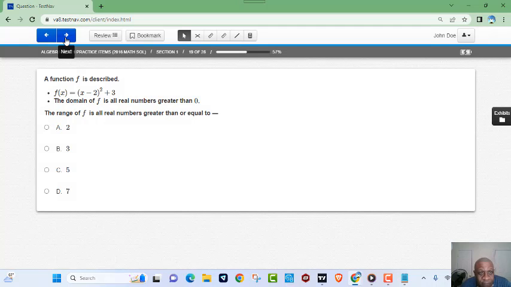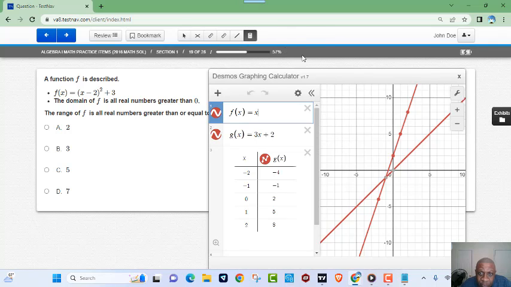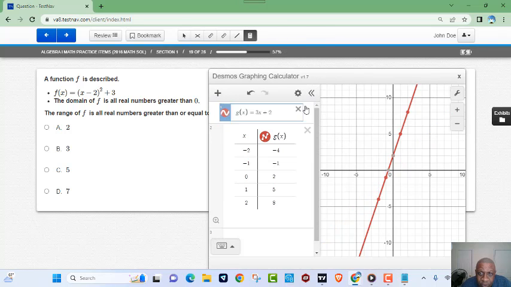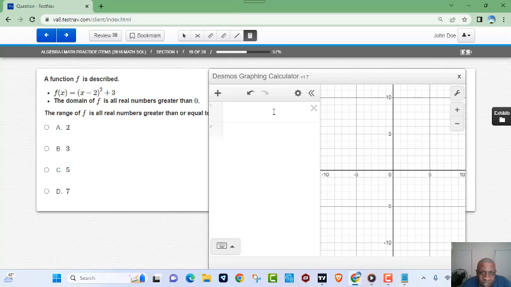19, a function f is described. F of x equals x minus 2 squared plus 3. The domain of f is all real numbers greater than 0. The range of f is all real numbers greater than or equal to what. Okay, well, let's pull this up in Desmos here. Let's erase all of this previous info.